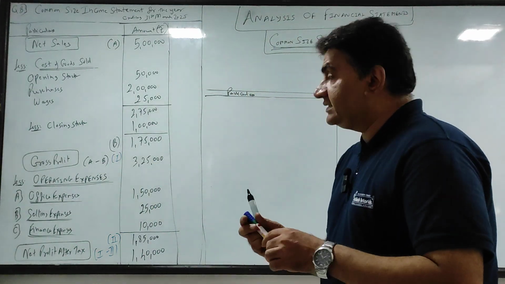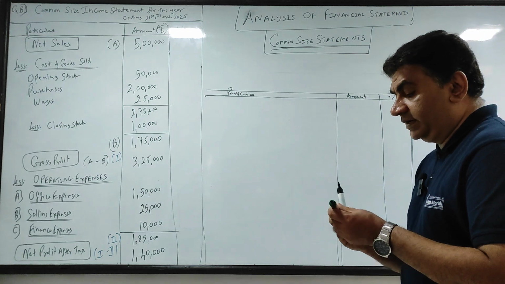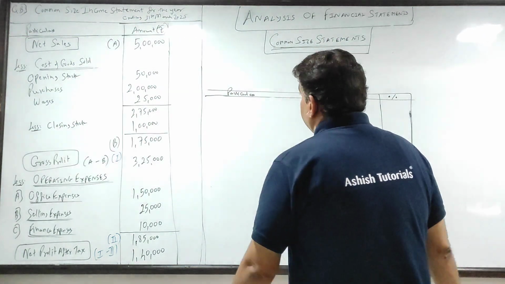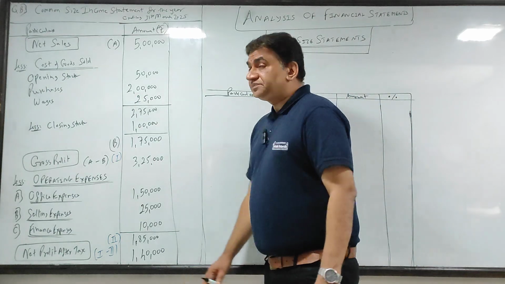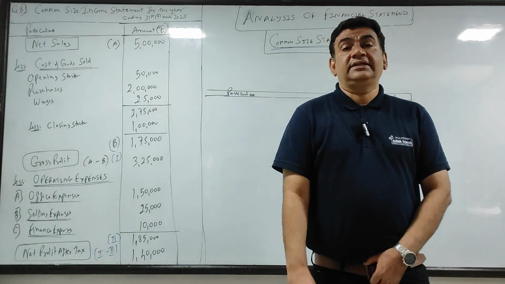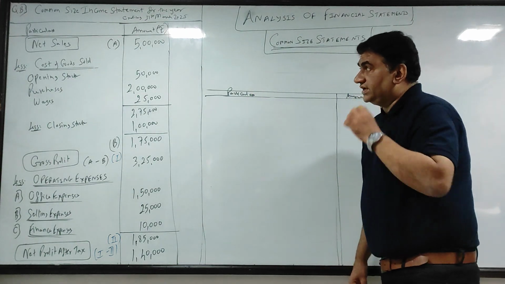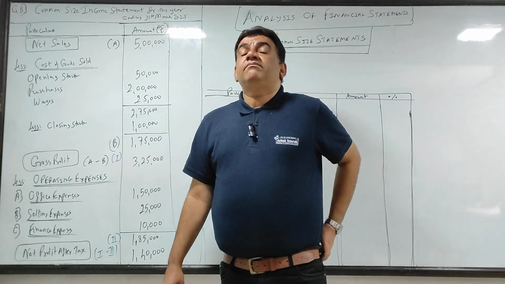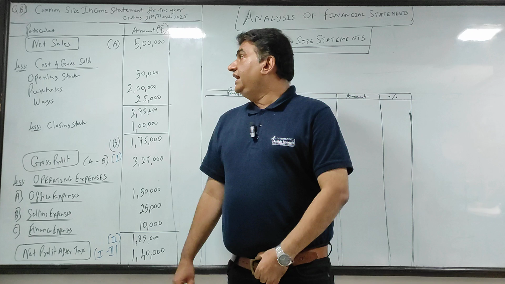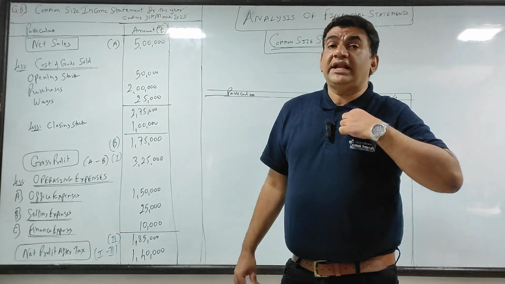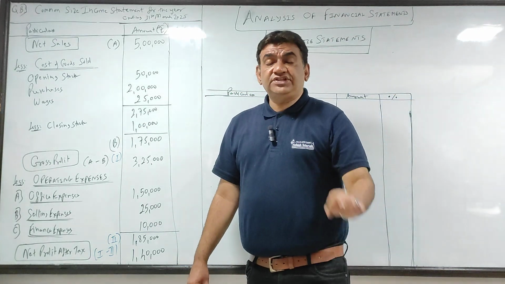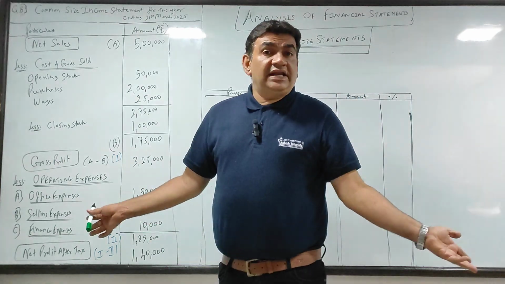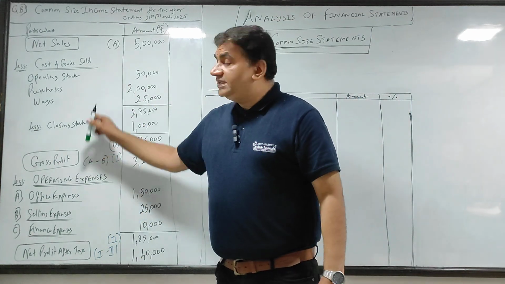Okay. Now guys, the important point. How to calculate the percentage. Now see, in the balance sheet we took capital employed as the base. Here there is no capital employed. This is an income statement.